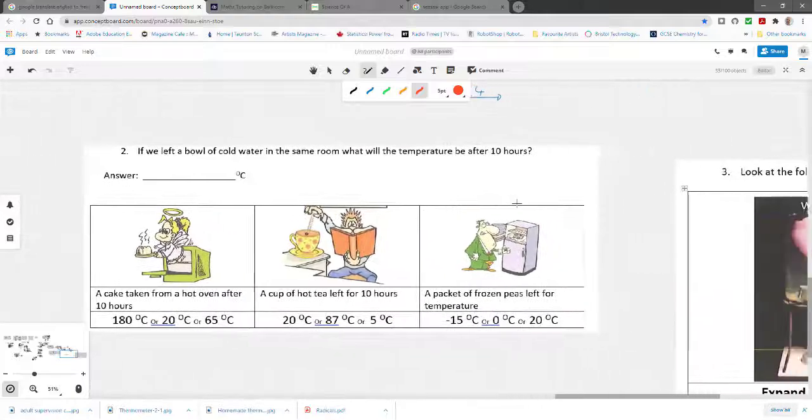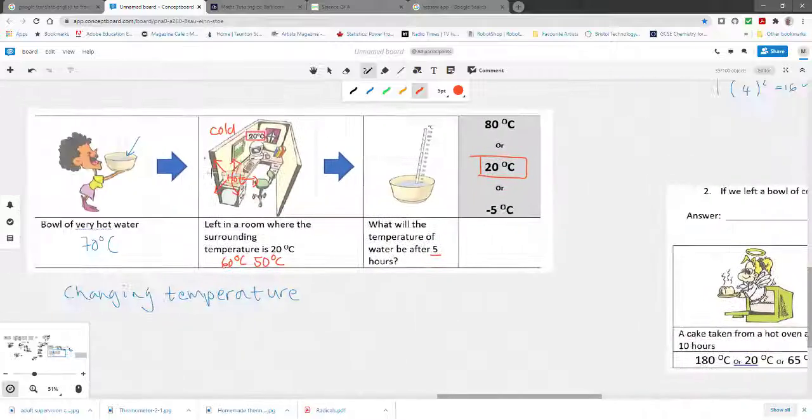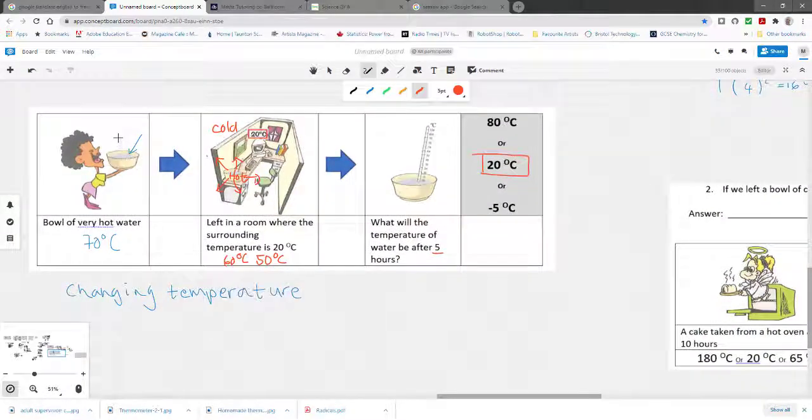Now, question 2, there's no picture, so I'm hoping someone helped you with the reading. It says, if we left a bowl of cold water in the same room, so instead of hot, this was cold. Cold might be 4 degrees Celsius, and this same bowl is taken to this room.